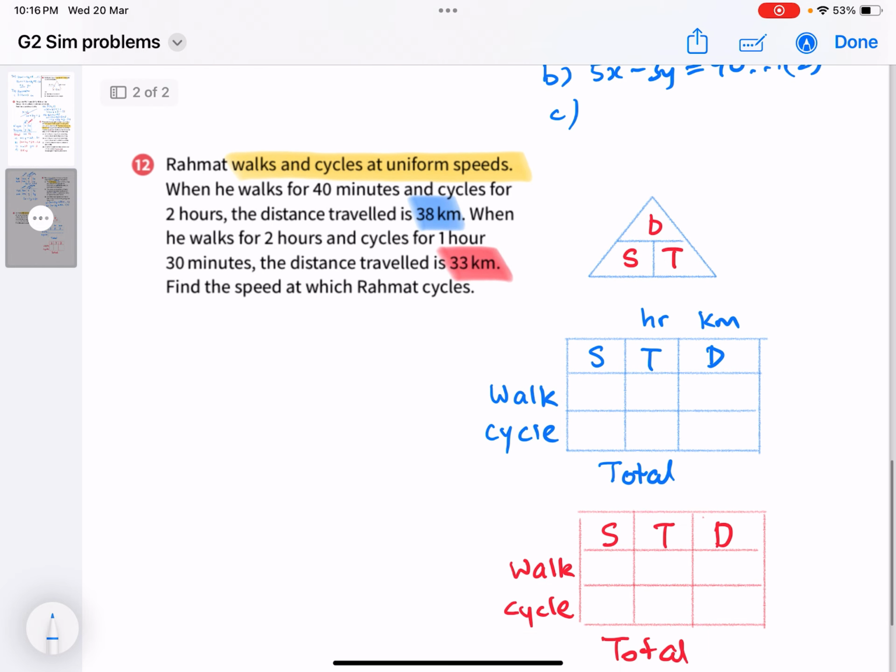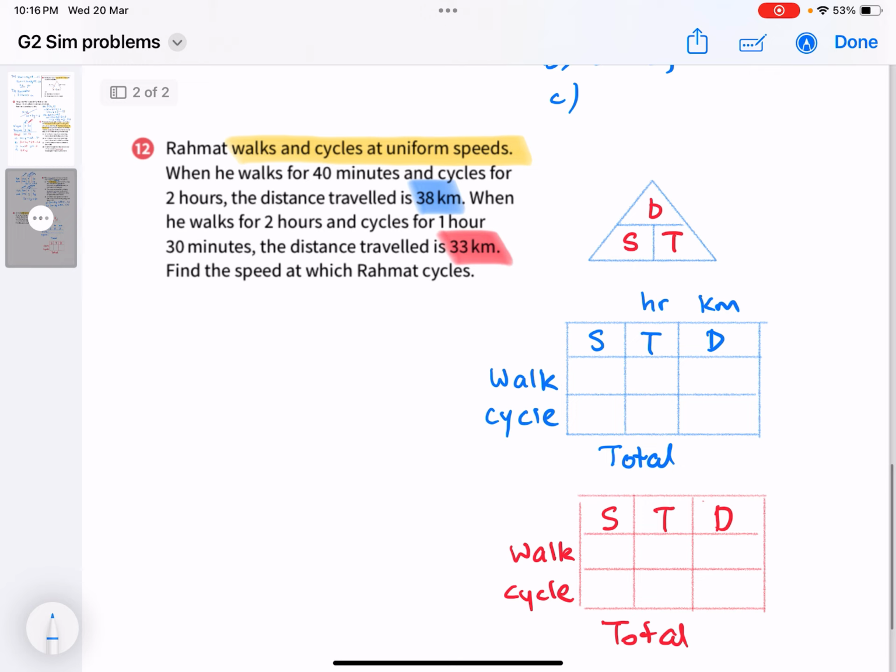In the last question, we have Ramat who walks and cycles at uniform speed. Now, do we know the speed? We don't know the speed, right? So we can let x be the walking speed and y be the cycling speed.